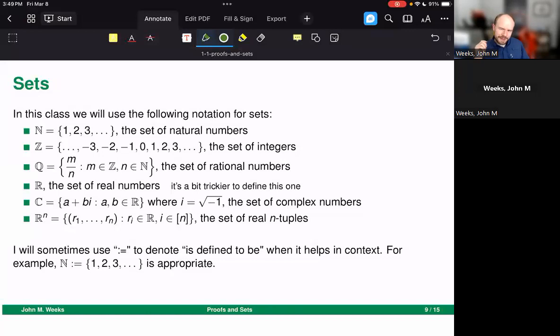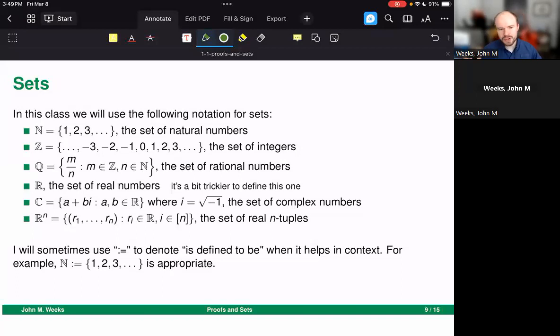The real numbers are a little bit trickier to define. Depending on your proximity to a real analysis or an advanced calculus course, you may have seen this defined as a completion of a set. Even if you haven't, that's fine. Completion is going to be one of the main staples of this particular course we'll be talking about. So we're actually going to define the real numbers in a rigorous way as a part of this class.